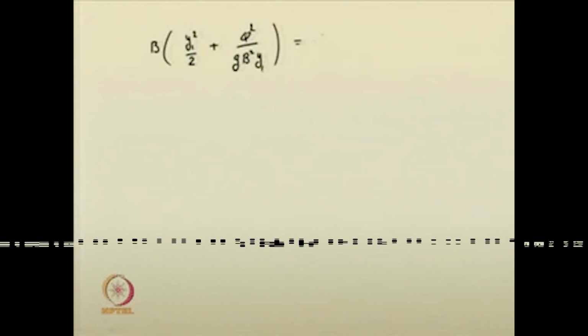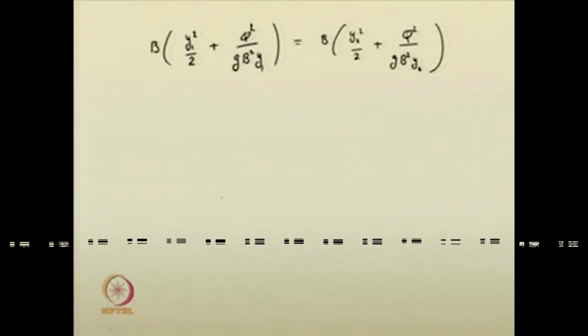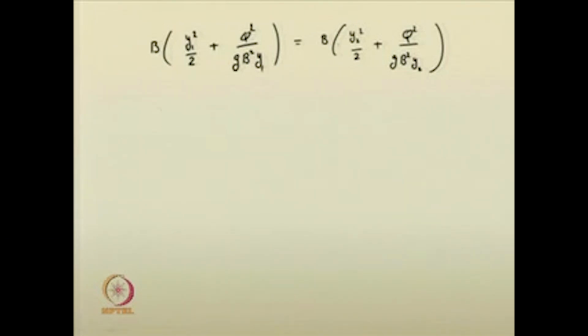This quantity is equal to, on the right hand side, B times y 2 squared by 2 plus q squared by g B squared y 2. So, you can cancel off B in these portions.